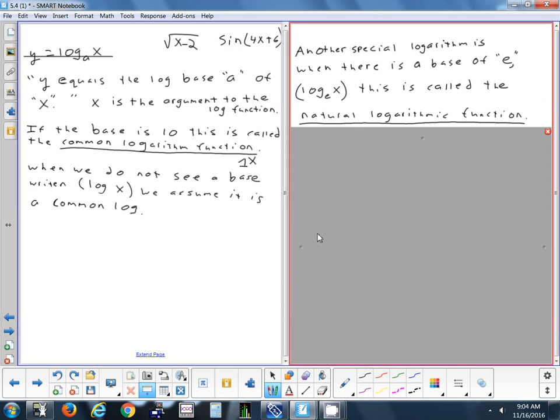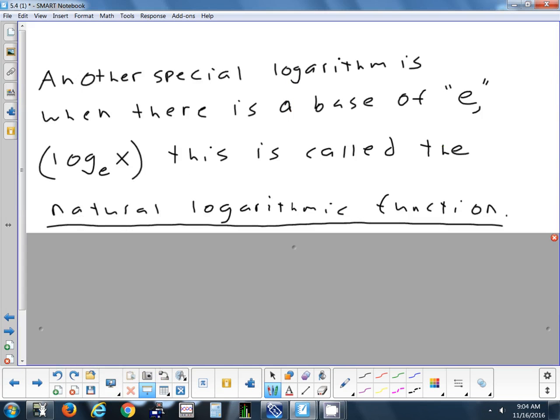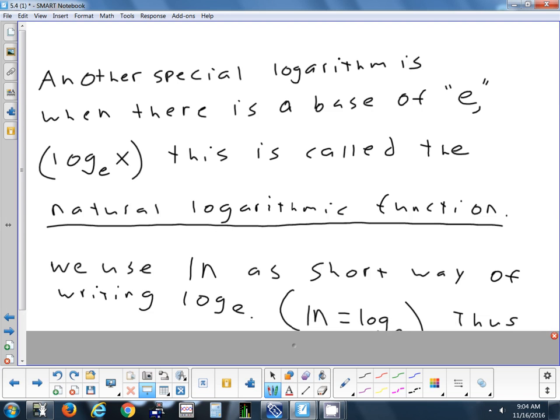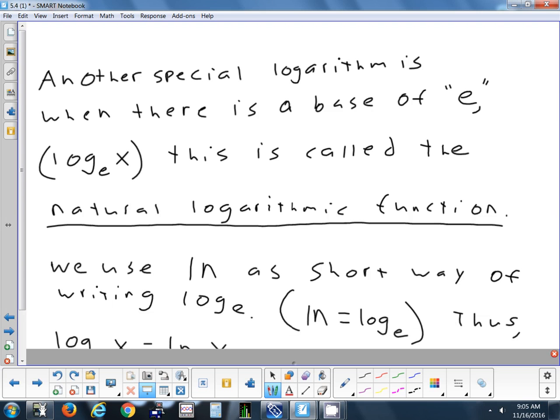So if you have a base of e, that's called your natural log function. And just like with common log, because that one is also used somewhat frequently, there's an abbreviation for it, and the abbreviation is the button I showed you on the calculator, ln. Most of the time, either on a test or in a book, you'll never see log base e written.